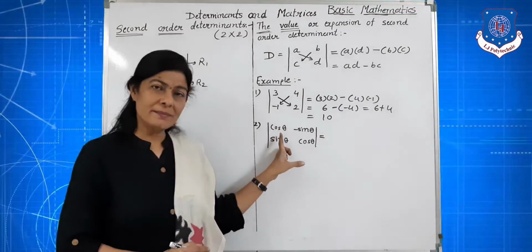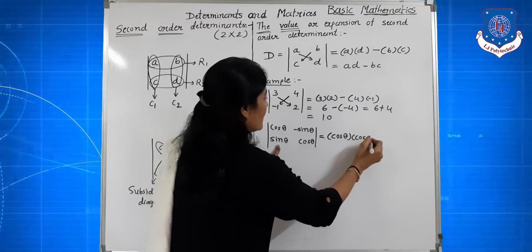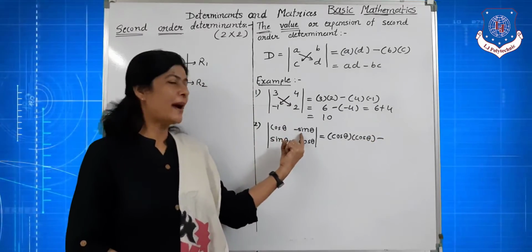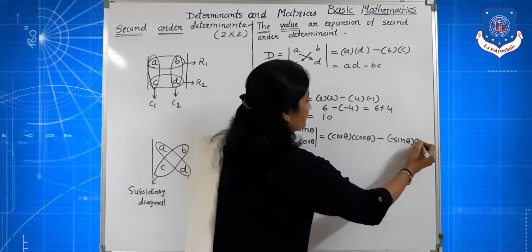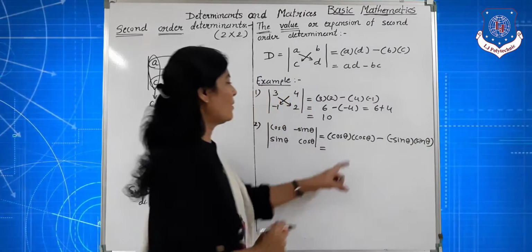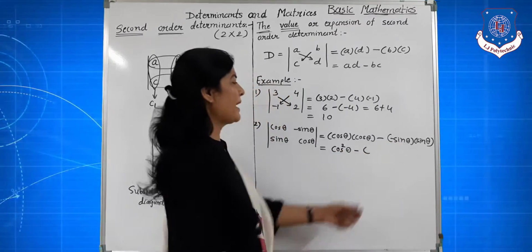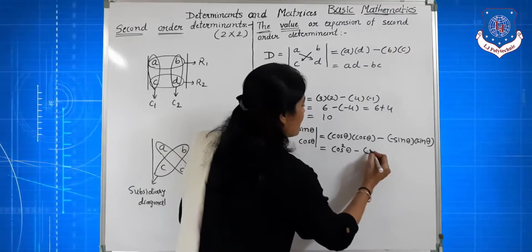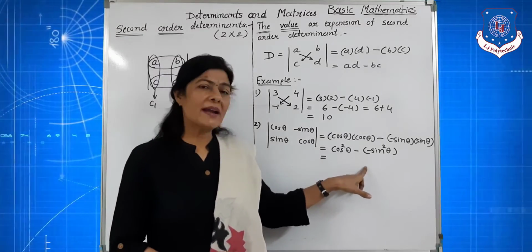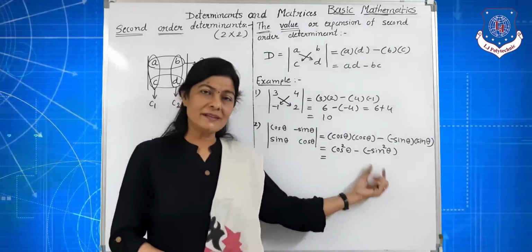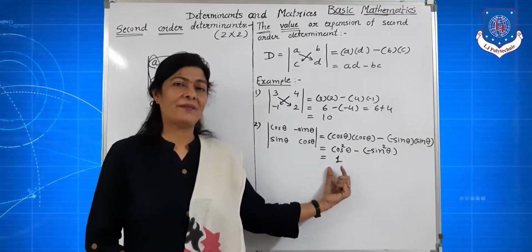Product of elements on principal diagonal, so cos theta into cos theta, minus sin theta into minus sin theta, equal to cos theta into cos theta, cos square theta, minus sin theta into minus sin theta, plus sin square theta, equal to cos square theta plus sin square theta is equal to 1. So value of this determinant is 1. Clear?